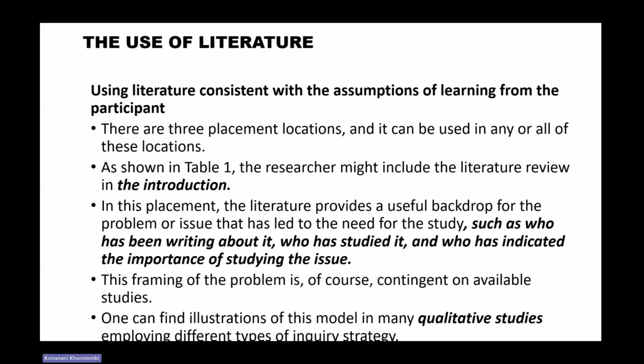This is when literature has been placed in the introduction. This framing of the problem is, of course, contingent on available studies. If studies are not there, then you can also argue that little has been written about it, and then you can indicate what has been written and what has not been written.